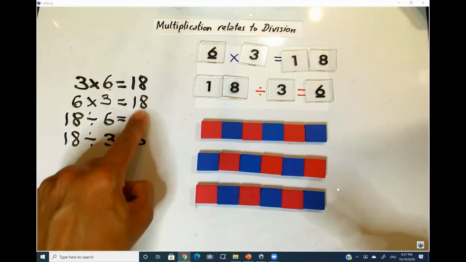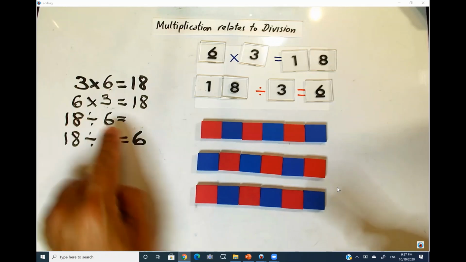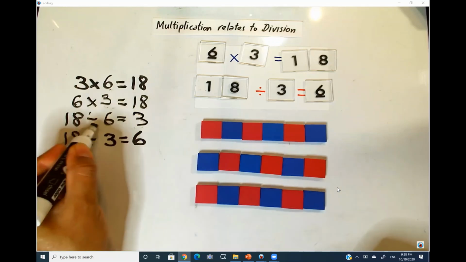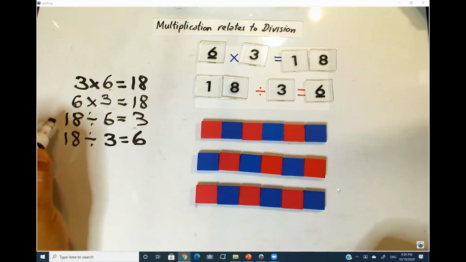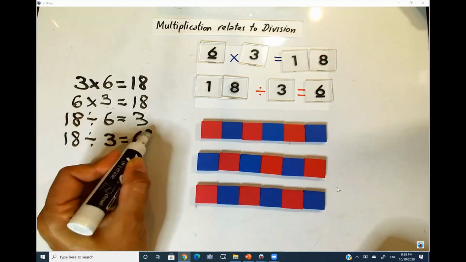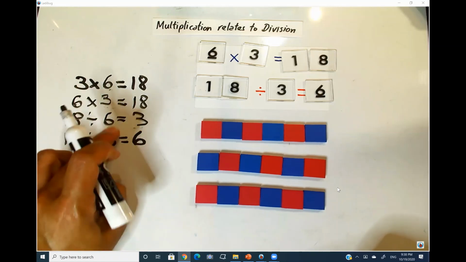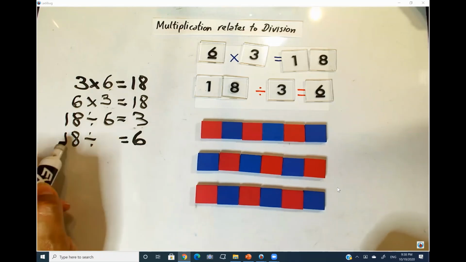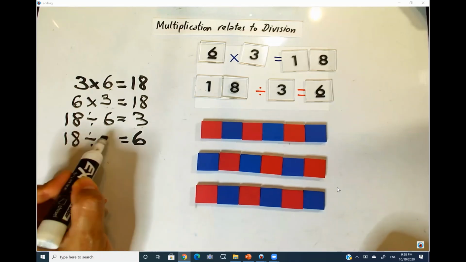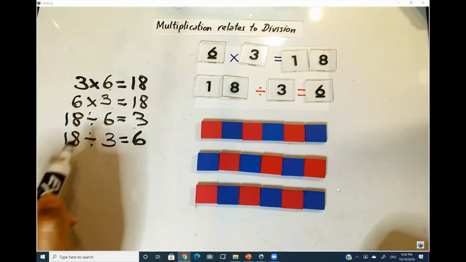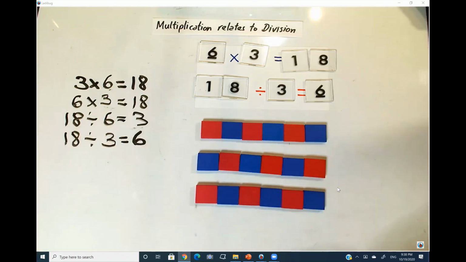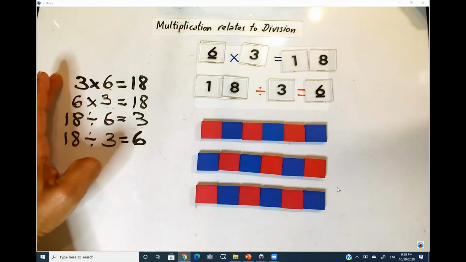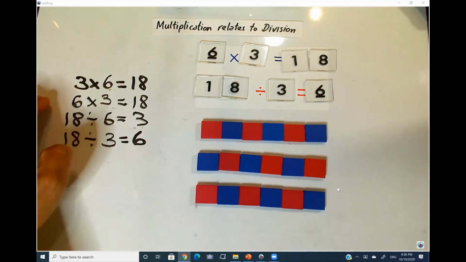If I'm missing the answer here, I know that 3 times 6 equals 18 because 18 divided by 6 equals 3. And so I can have any number missing, and I know I am counting by sixes until I get 18, and that's going to be 3 times. So all of them relate to each other to find the answer. So we need multiplication to find division and division to find multiplication.